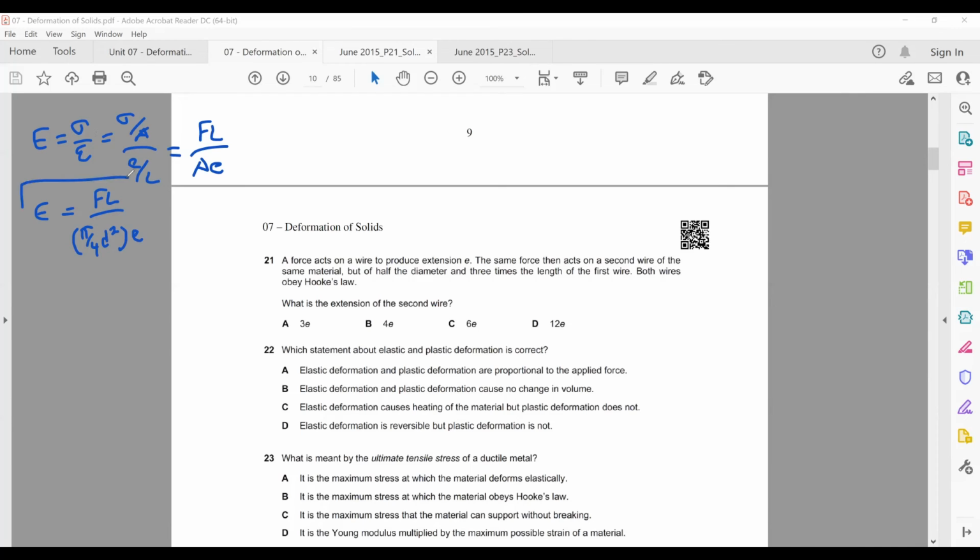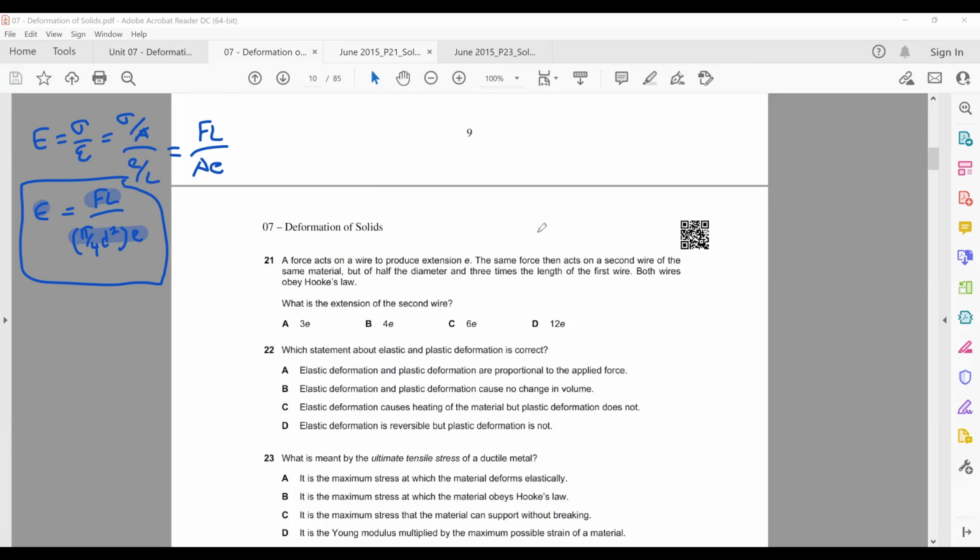Okay, so this equation relates to both cases here. There are two different cases. You want to find out what is the new value for the second case, the second wire here. This equation relates to both cases. Then after that, what you want to do now is to find out what is the same for both cases.